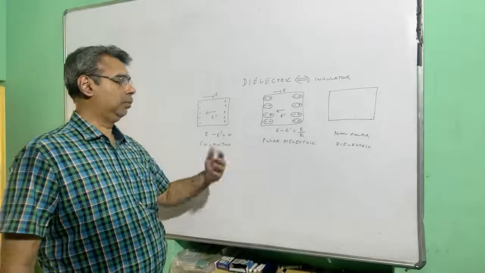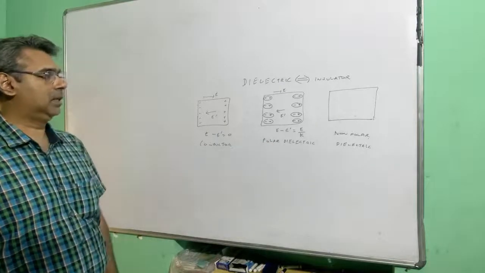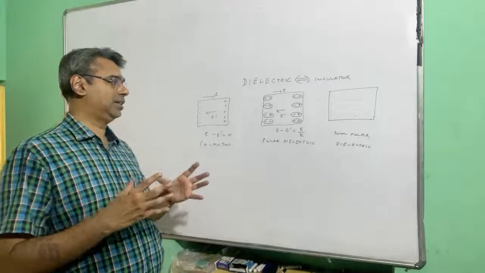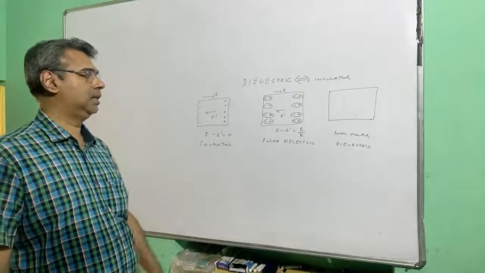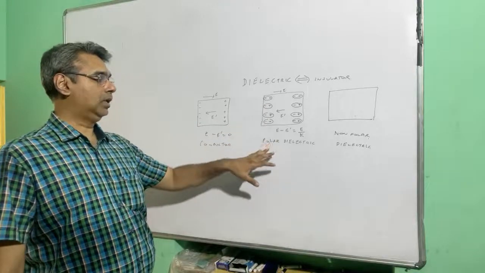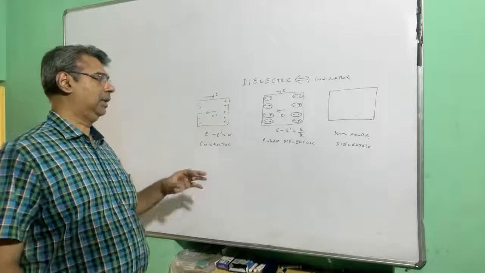Now, when I say polar, you have heard of this word in chemistry. Polar means that the molecules have different charge centers. The negative and positive charge centers are not at the same place, they are separated. So in a polar dielectric, you can represent every molecule by a negative end and a positive end.